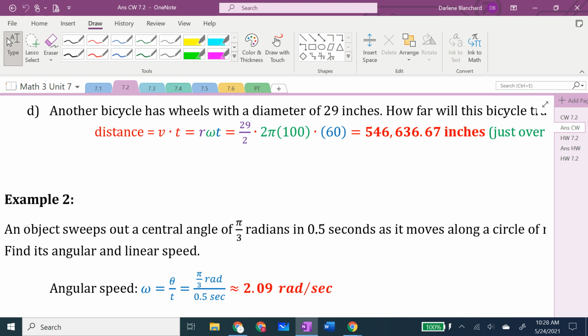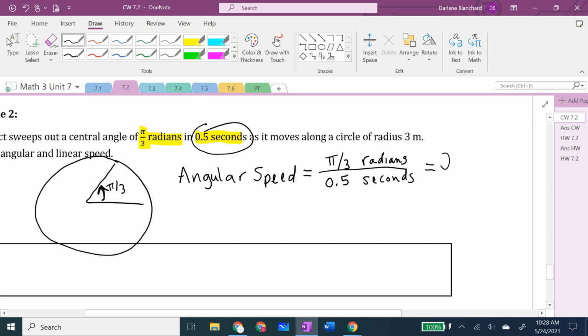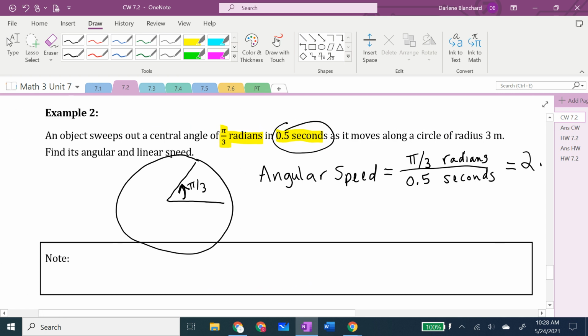This gives us 2.09 radians per second. So that's the angular speed.